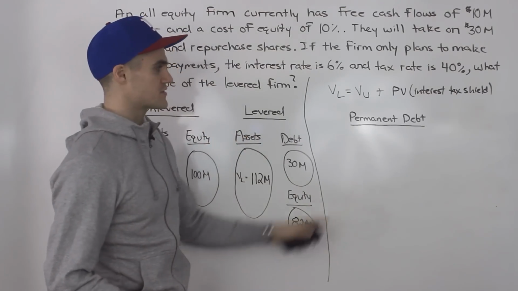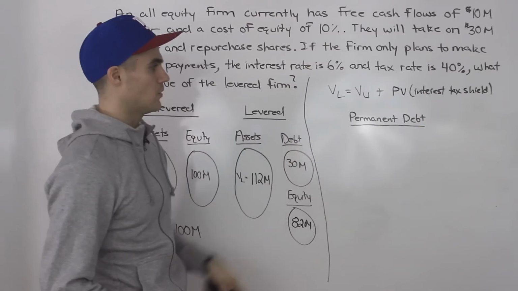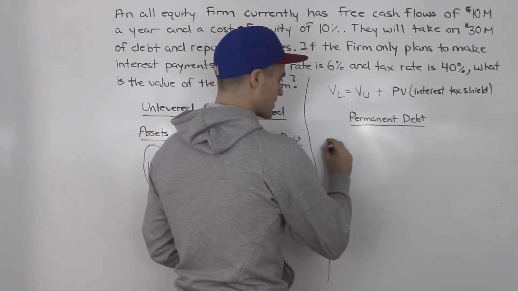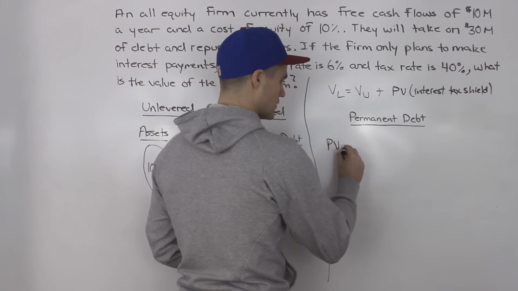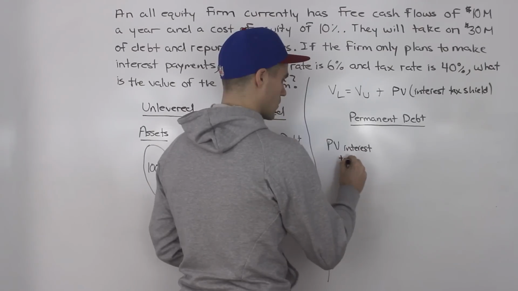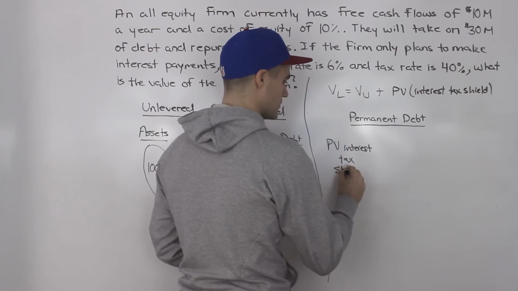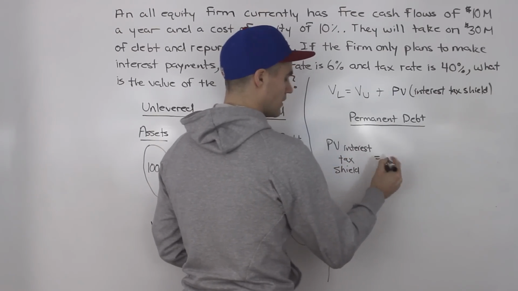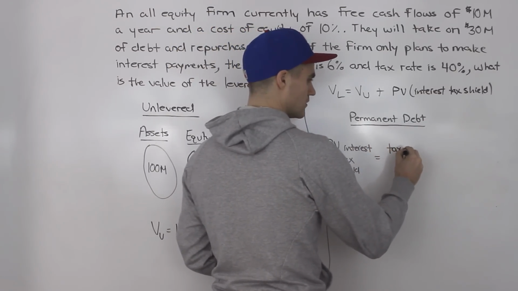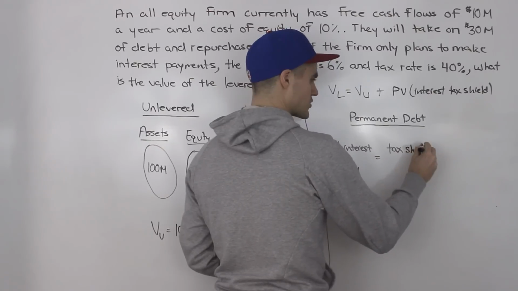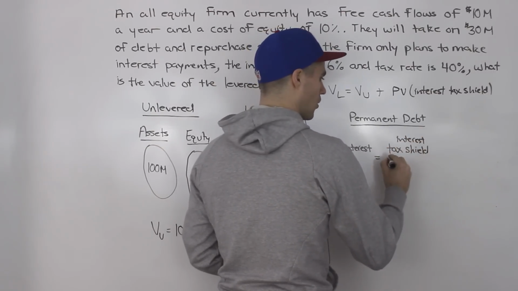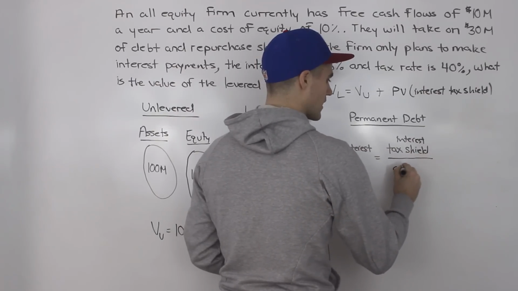Now, before finishing off this video, I want to make a quick point about permanent debt. Just generally, how do we find the present value of the interest tax shield with permanent debt? What did we just do? Well, it's basically equal to the interest tax shield that's happening every year, over the cost of debt.